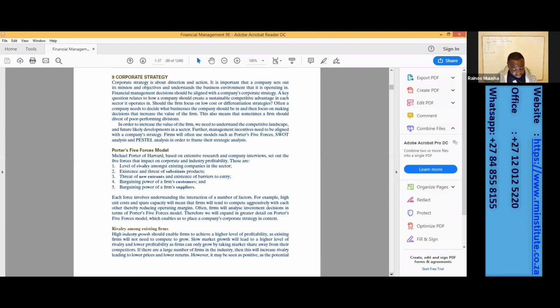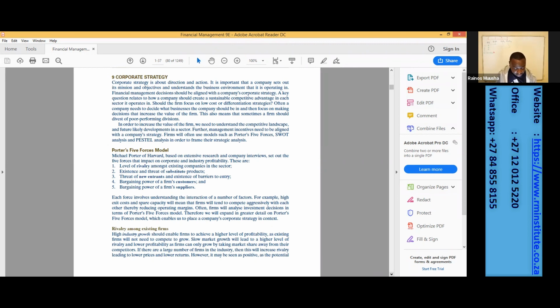But if there's an existing substitute product, or there can be a substitute product that the customers can also utilize, it means that the company will have less control over the pricing of the goods and services.